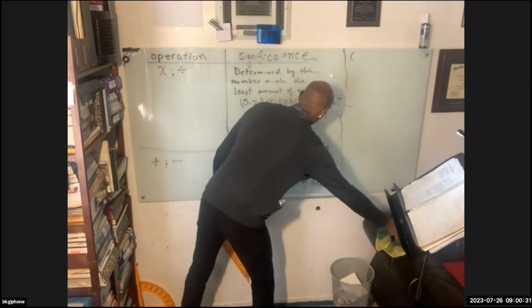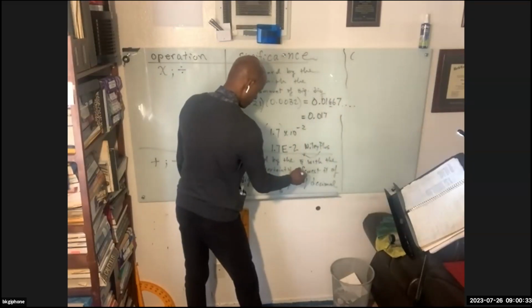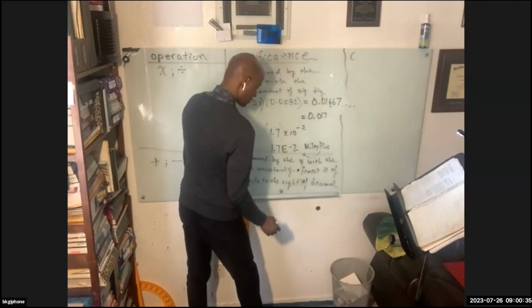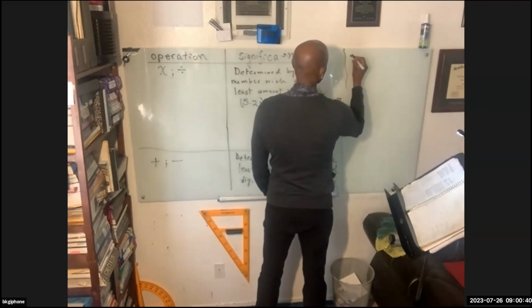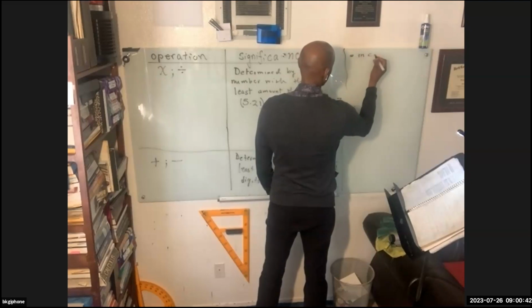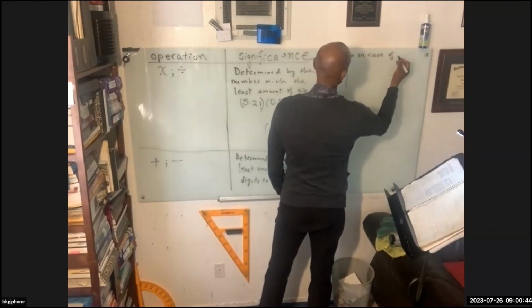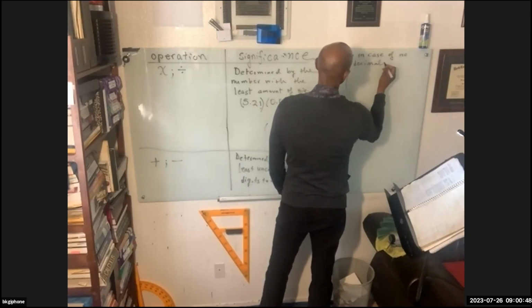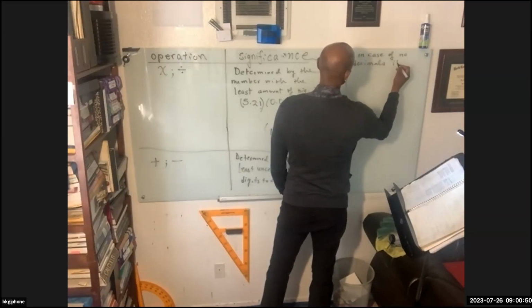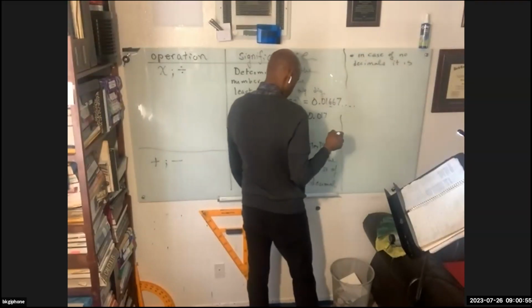Let's write this like this. So these are points, subpoints above and below this. Fewest number of decimals to the right, or in case of no decimals, it is the, what did I say?